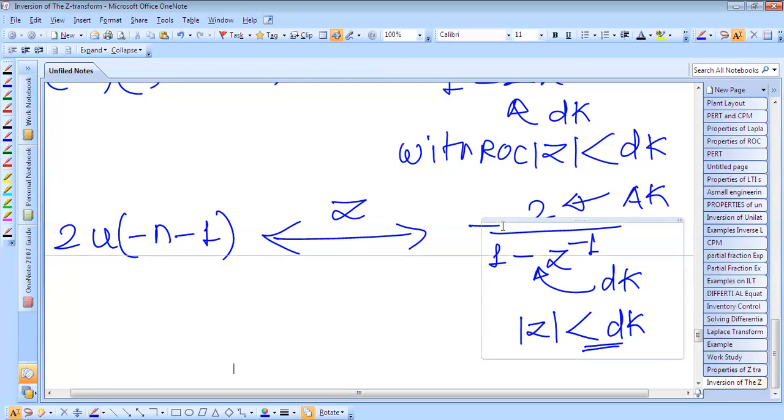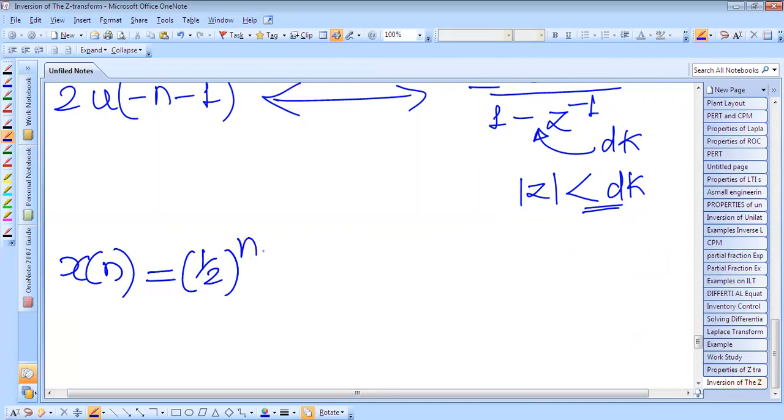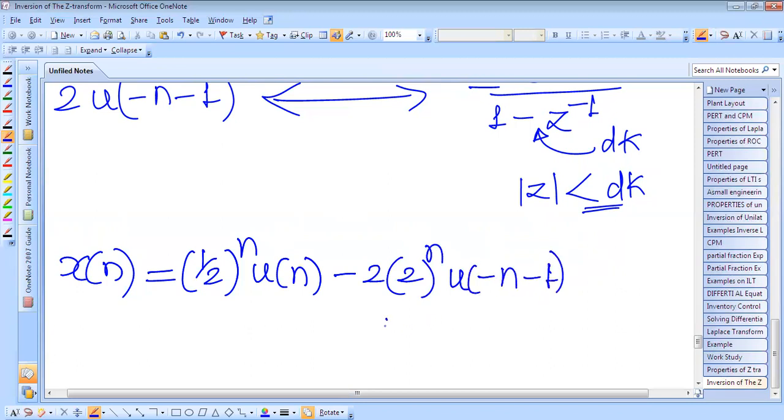Combining the individual terms, the inverse Z transform of the function is half raised to power n u of n, that is the first term, minus 2 into 2 raised to power n into u of minus n minus 1, plus 2 into u of minus n minus 1.